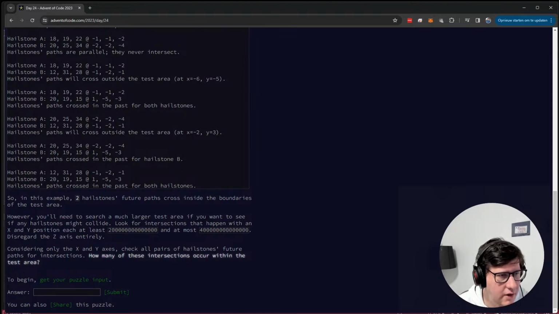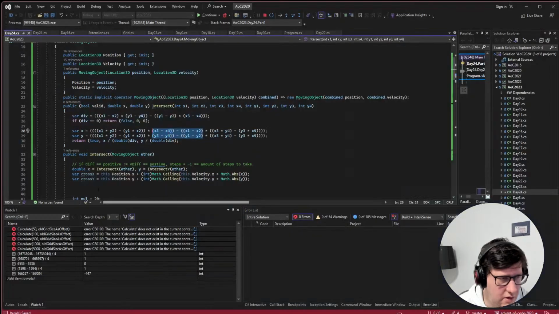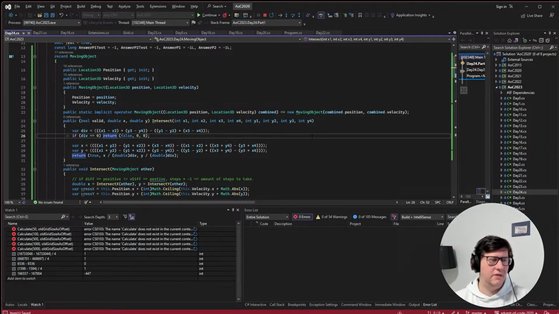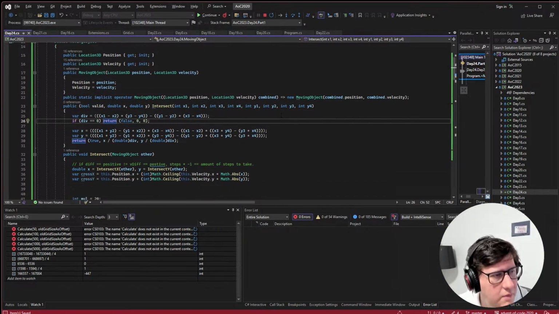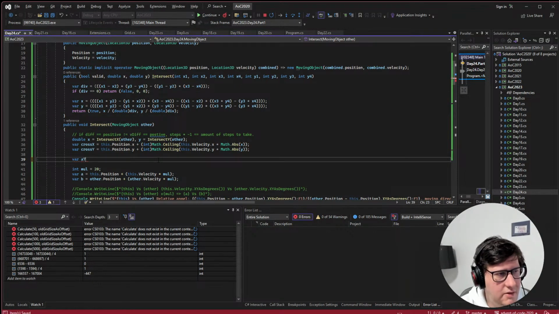So I think they have like, this one was 7 to 27 or something, right? 7, 27. Okay, so the points that I could take is var a7 is position plus velocity times 7.